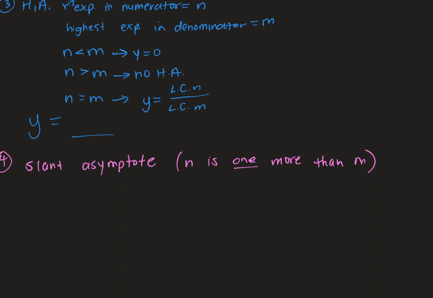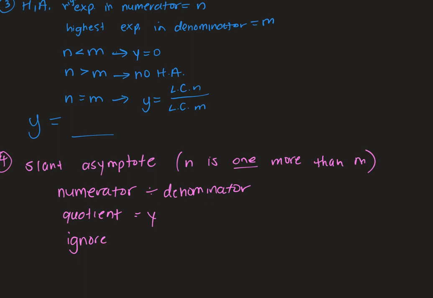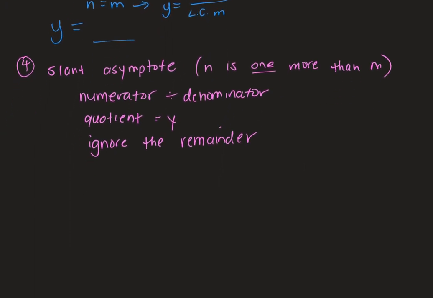But if there is a slant, you find it by dividing the numerator by the denominator, setting your quotient, whatever you get on the top, equal to y, and ignore the remainder. This will also be a y equals, but it will be y equals mx plus b. It will be a line because the slant asymptote is going to be a line with slope.